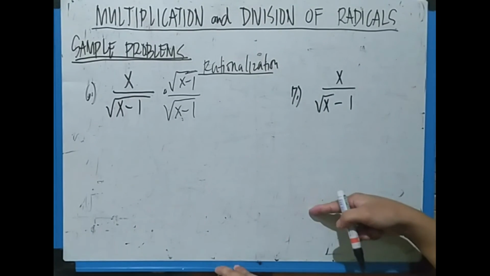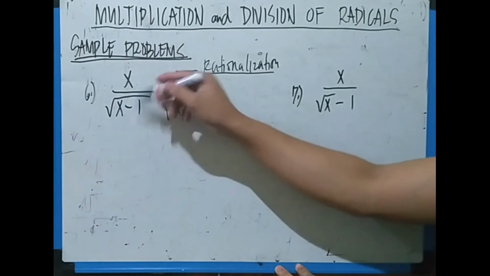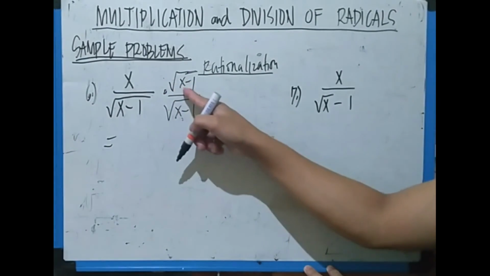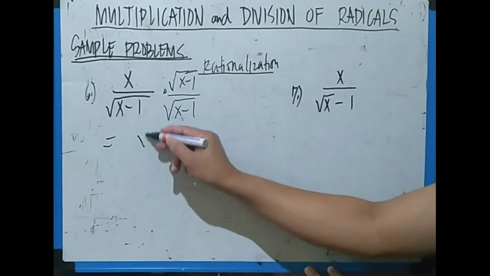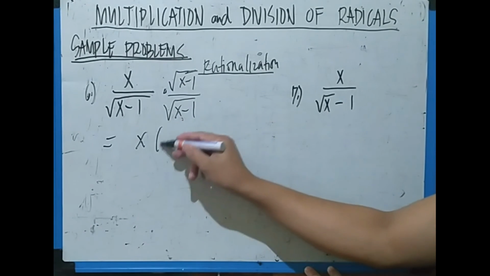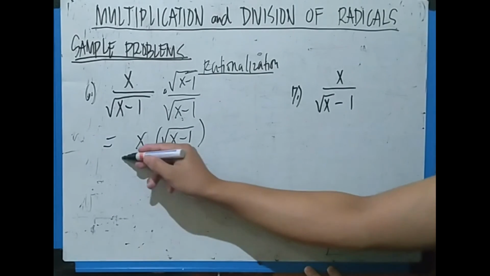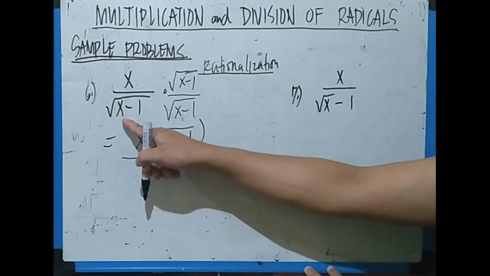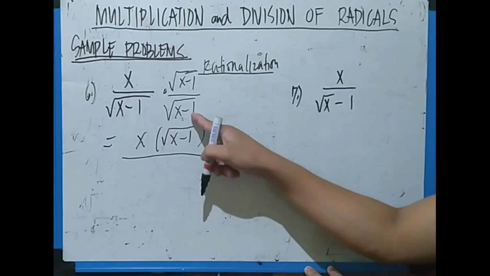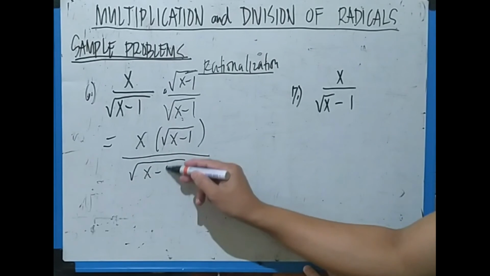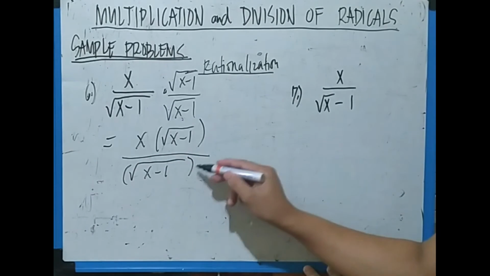Okay, so by this one, pag nag-multiply tayo, direct lang naman mag-multiply. So we have x times the square root of x minus 1. Then sa baba po, since this is square root of x minus 1 times square root of x minus 1, this is also equal to the square root of x minus 1, squared.